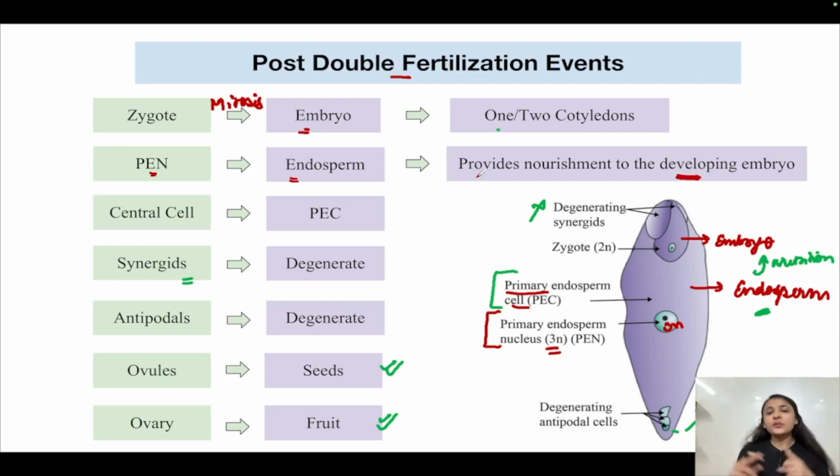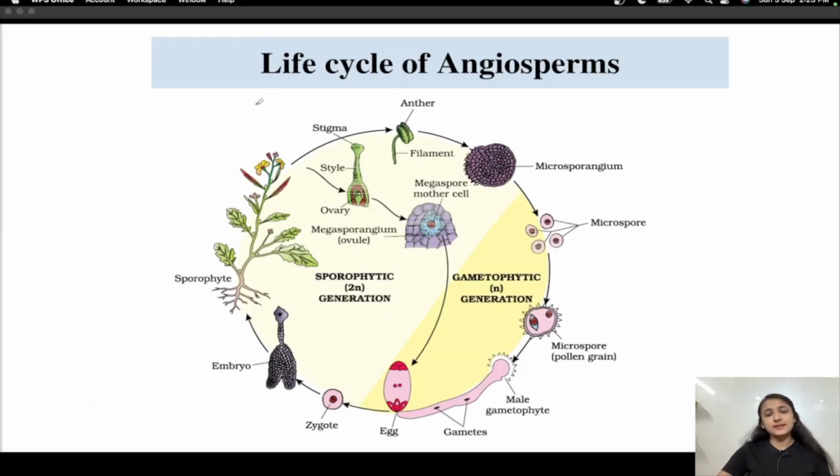But all this information about endosperms is additional information which you need not remember for this chapter. This is just for your better understanding. But this is how endosperm is formed from the primary endosperm nucleus, and the nuclear type is the most common method seen.